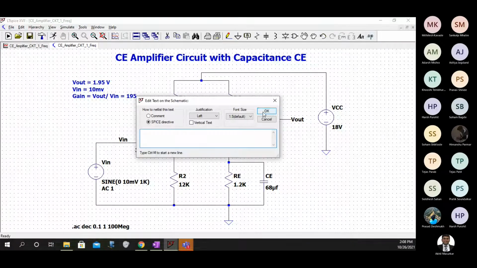So I'll go to the SPICE directive. I will write .meas gain, so I am creating a variable, .measure gain, and that is going to be the magnitude of V out.